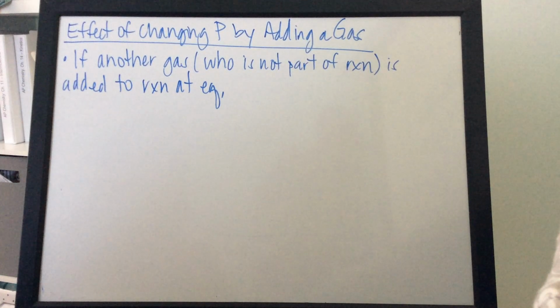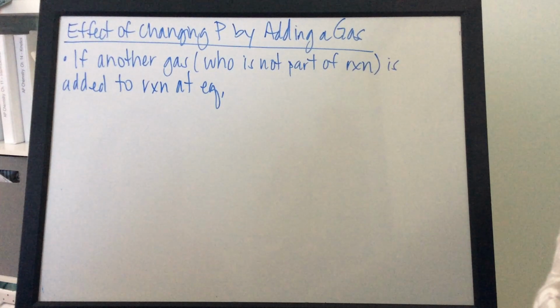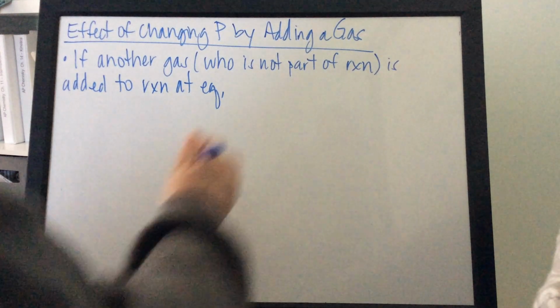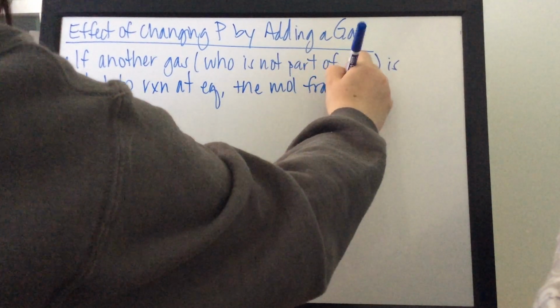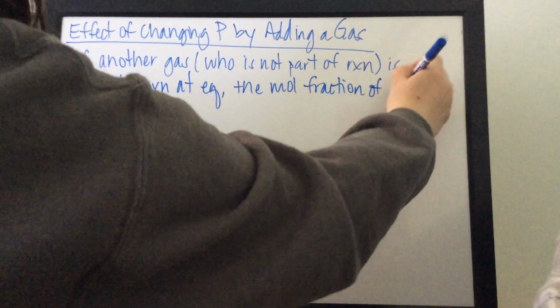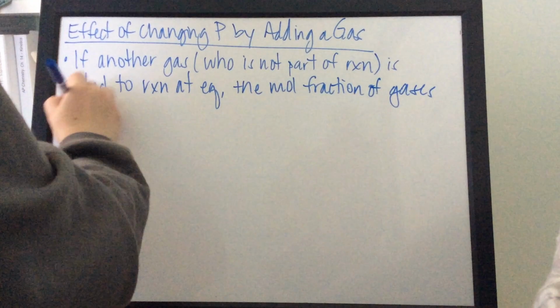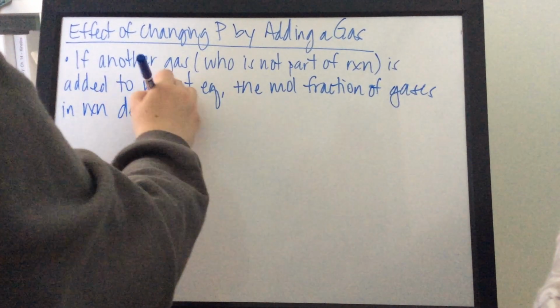And so this is where life gets a little bit weird. Okay, so if another gas who is not part of the reaction is added to the reaction at equilibrium, what happens is the mole fraction of the gases that are in the reaction decrease. Now let's talk about why.